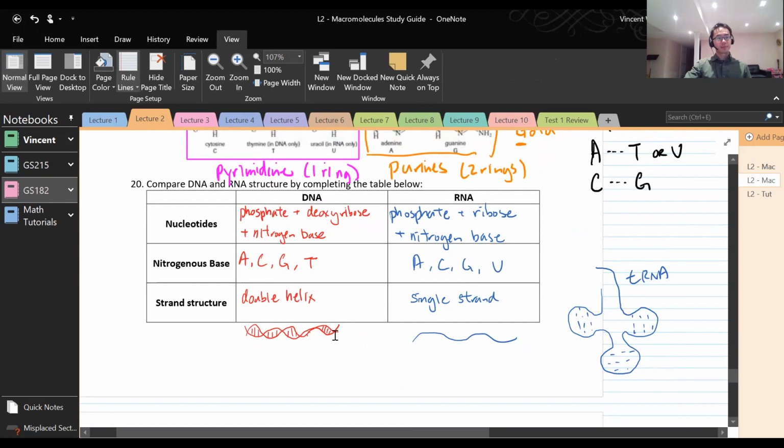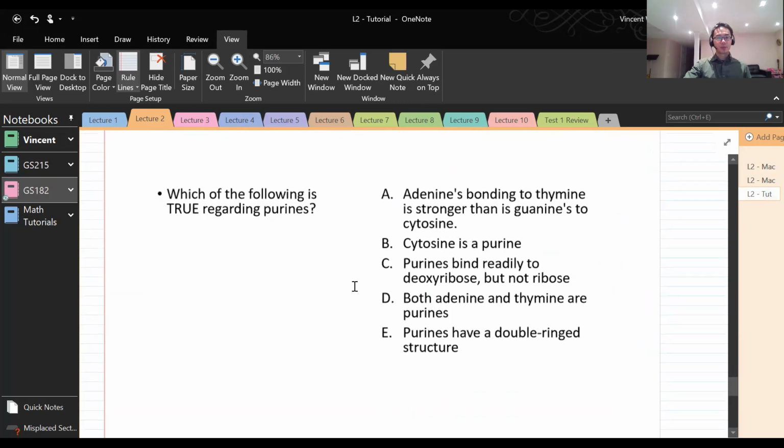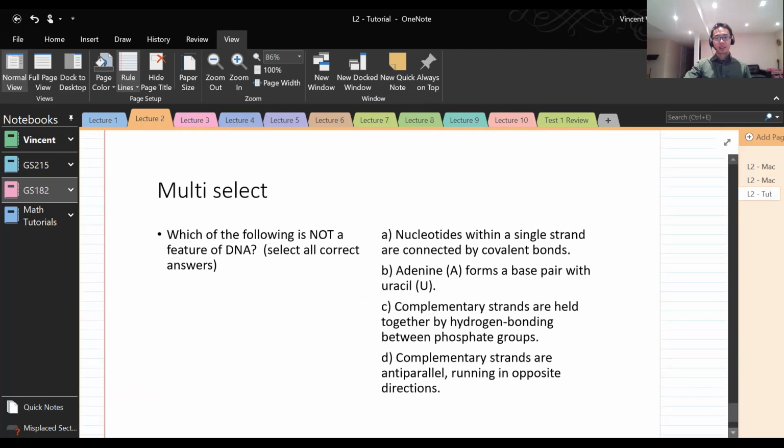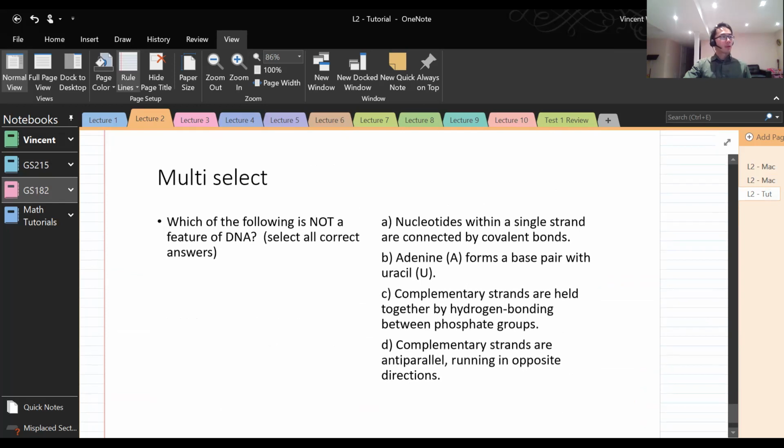Any question? Okay, let's do one more poll before we go. Let's do this one. Yeah, this one looks complicated. Multi-select.